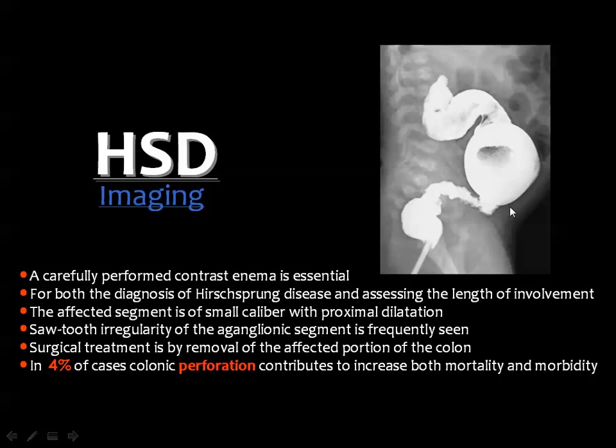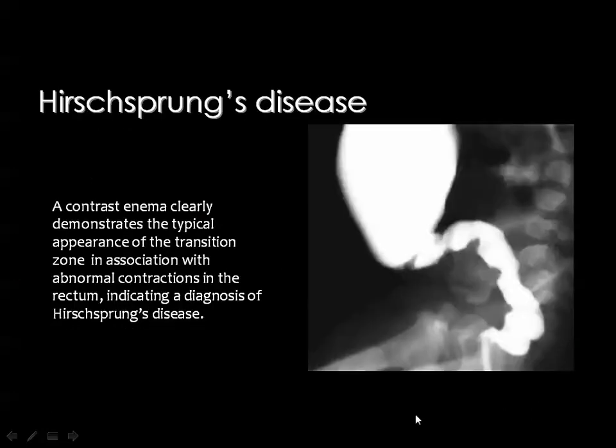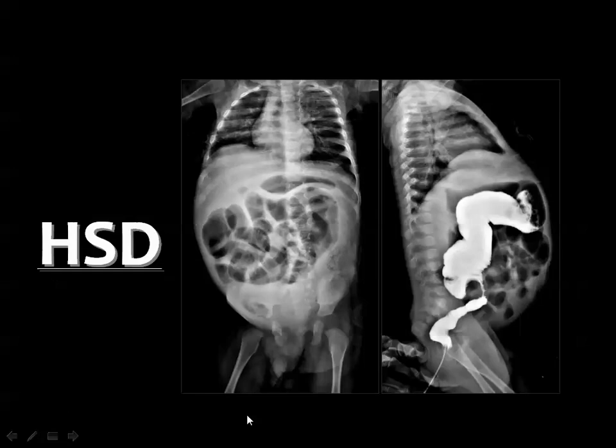That is all, and we do not usually continue to opacify the whole colon. About 4% of cases of Hirschsprung disease have perforation, which contributes to the increased mortality and morbidity secondary to this disease. And as I have mentioned, you inject barium into the rectum until you can see the narrowed aganglionic segment, and you opacify a small part of the colon proximal to it, then you stop the examination.